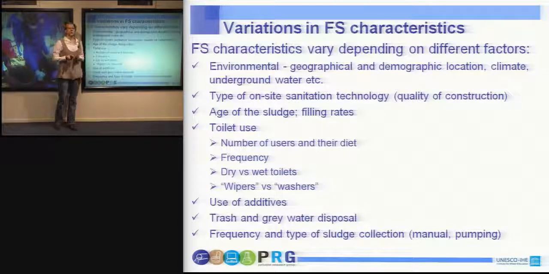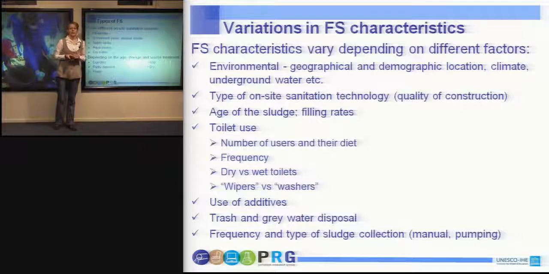Also, what is the culture of the toilet use, whether most of the people are wipers or washers, as well as the addition of additives to the sanitation system changes significantly the characteristics of the sludge, and the disposal of gray water and trash into the system, as well as the frequency of the emptying and whether this is mechanized or manual.